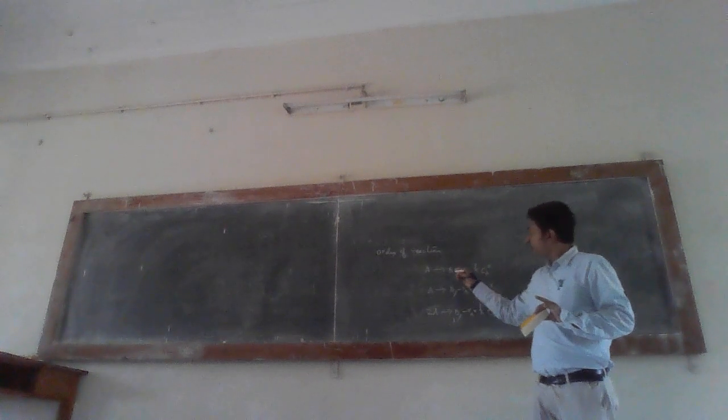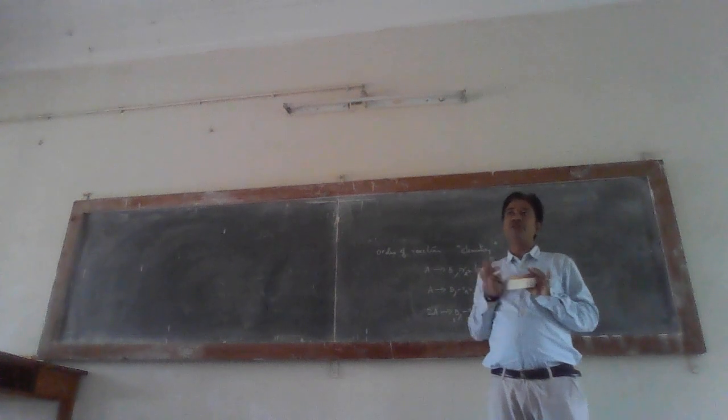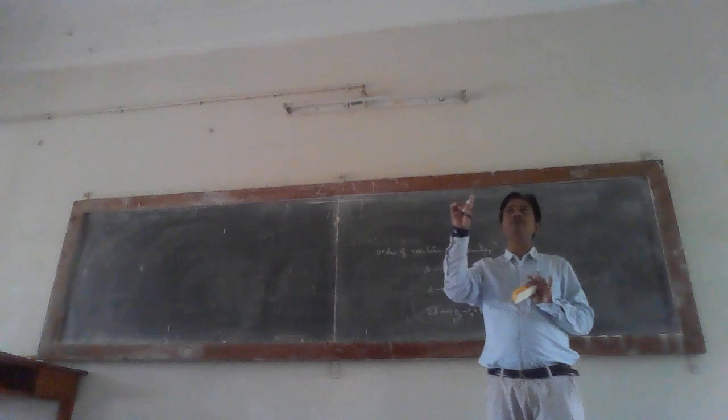When they have defined these as elementary, then we have to consider them as elementary reactions. Our definition of elementary is what? The rate expression should correspond to the stoichiometry. In other words, an elementary reaction means a single step reaction.